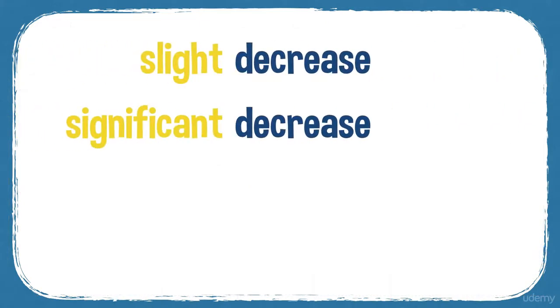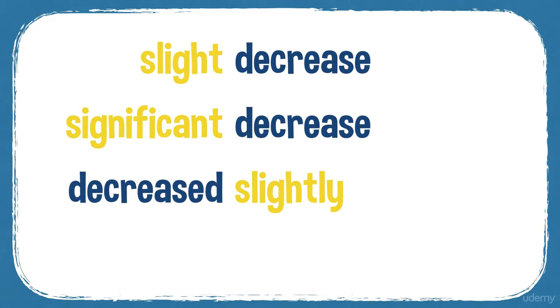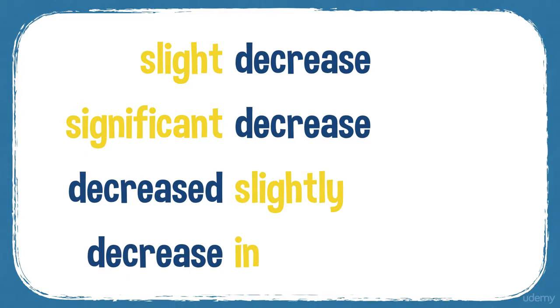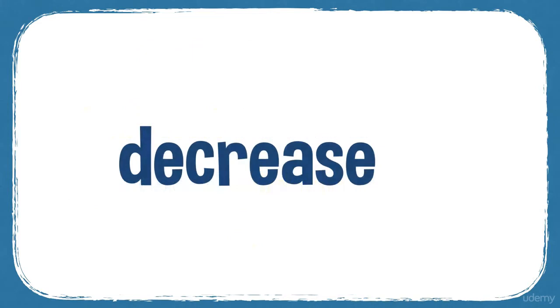These are common collocations: significant decrease. If you're using decrease as a verb, you can say decreased slightly. And as a noun, there was a decrease in. So here's the noun, and as a verb, decreases, decreasing, decreased.